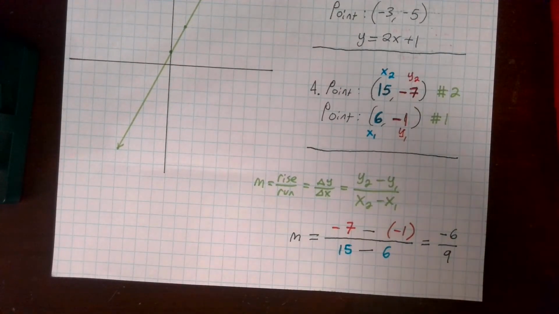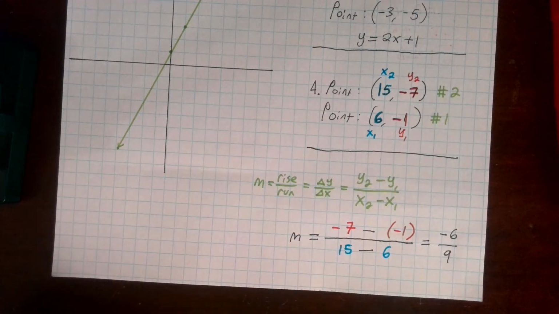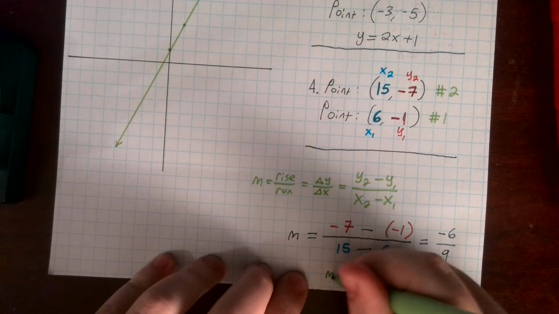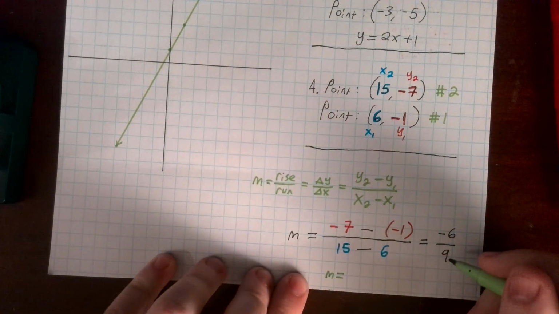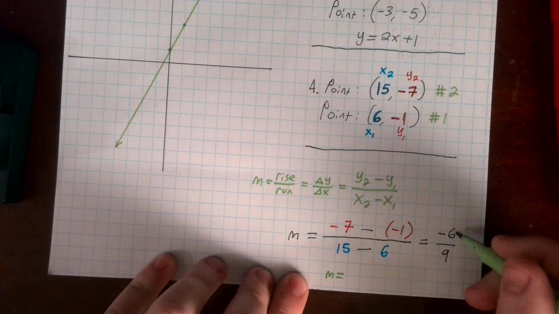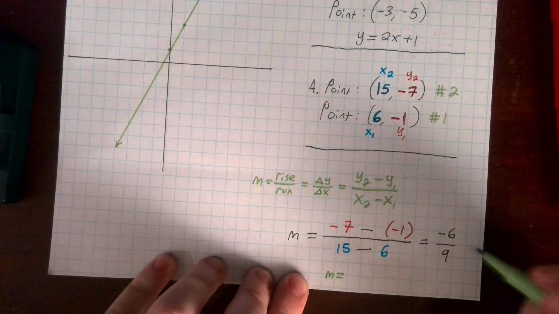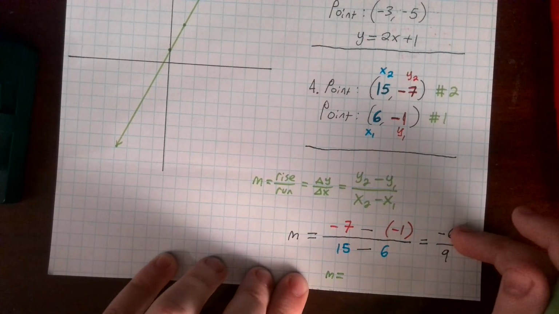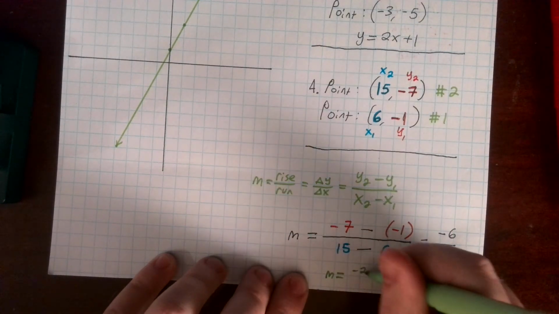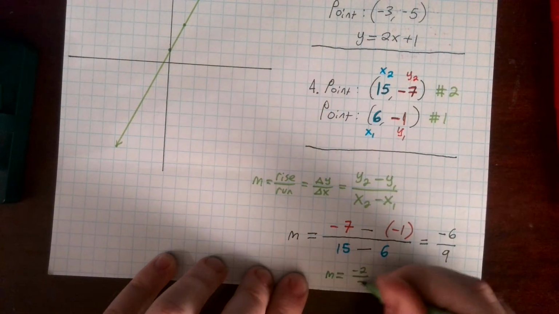Can -6 over 9 be simplified as a fraction? It absolutely can. By dividing the top and bottom by the least common multiple, I apologize, the greatest common factor, we can divide both the top and bottom by 3. -6 divided by 3 is -2. 9 divided by 3 is 3.